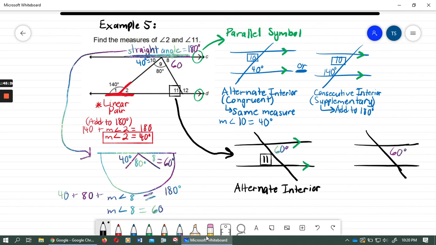And again, when we have parallel lines cut by a transversal, your alternate interior angles are going to be congruent, just like we mentioned up above there. Or in other words, they're going to have the same measurement. So again, if this angle was 60 degrees and they're alternate interior angles with parallel lines, that means that the measure of angle 11 has to be 60 degrees.